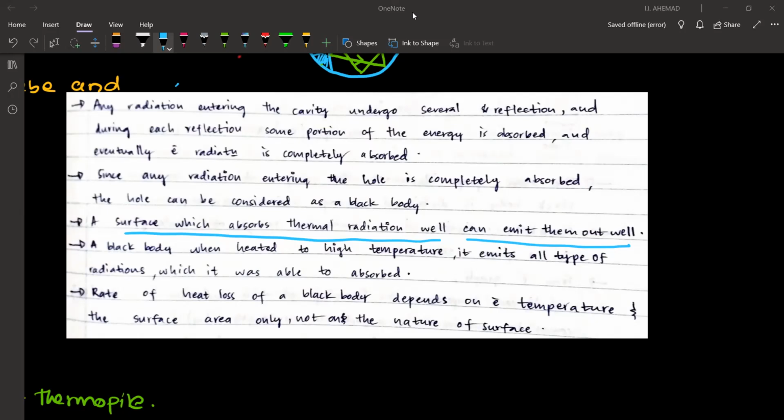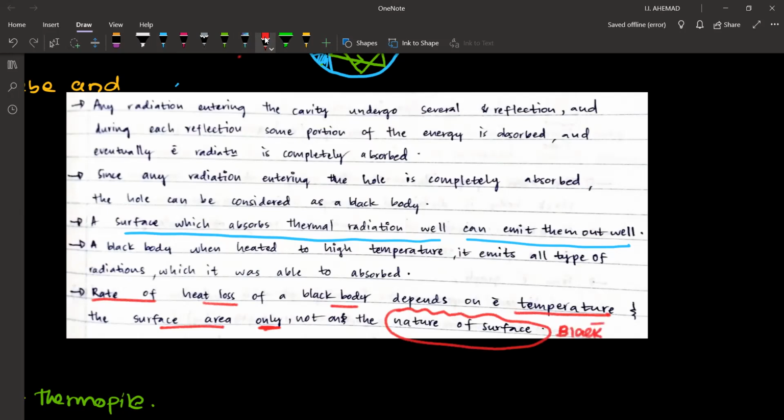Saja, how about the third point? The rate of heat loss of a black body depends on the temperature and the surface area only, not the nature of surface. What is the reason? Now it is already a black body, right?